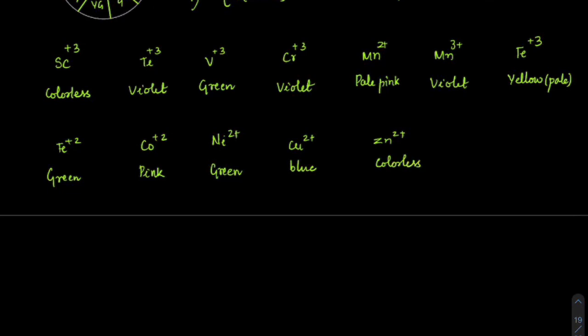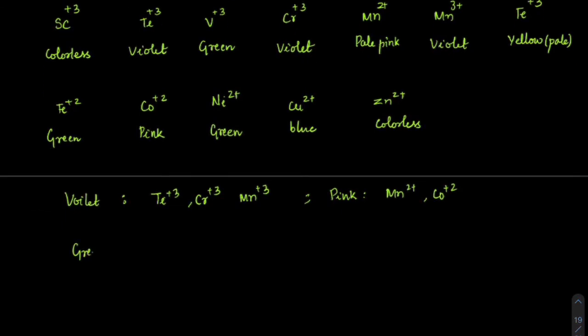So in short, when it comes to violet, it is titanium plus 3, chromium plus 3, and manganese plus 3. In the case of pink, you can see Mn plus 2 and cobalt plus 2.